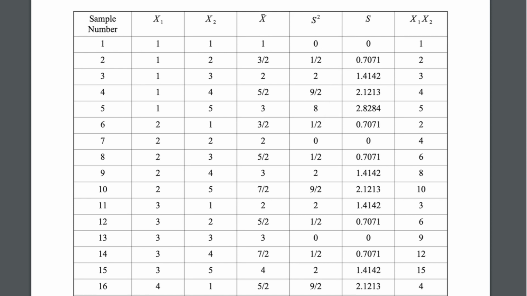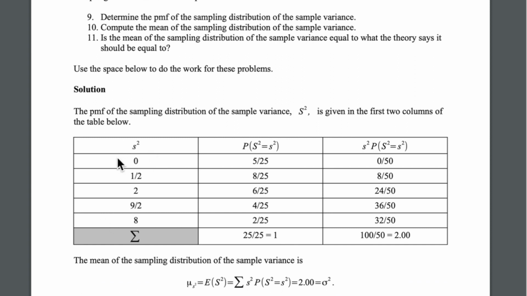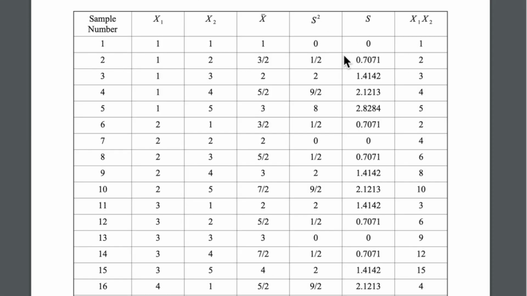If we go back here, you'll see that I've got those values listed in the first column, so this first column is the sample space for S squared. To calculate the probabilities associated with each of these, we just have to go back and count the number of times that a particular value shows up in this column and then divide by 25.